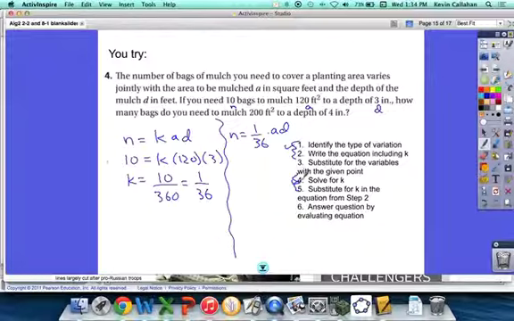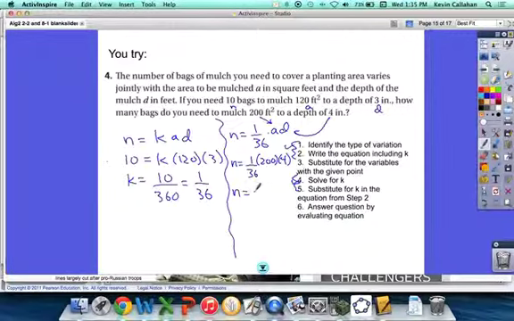Now that we know the K, we can answer the last question. How many bags do you need to mulch 200 square feet to a depth of 4 inches? So substitute the 200 and the 4. N equals 1 over 36 times 200 times 4.